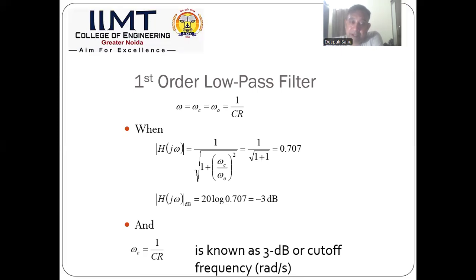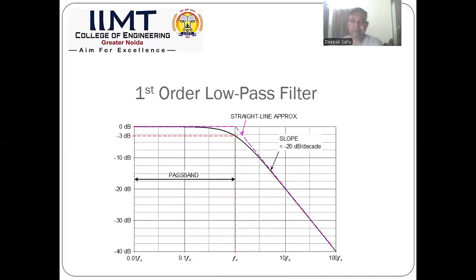Frequencies beyond this frequency need to be filtered out very sharply, which is obtained in the form of a high roll-off rate. We can see here the purple color represents a straight line approximation, and the dark black line shows the actual plotted graph. Now we can clearly see the 0 decibel position and the minus 3 decibel position, and where the minus 3 decibel position is projected on the x-axis, we take that to be the passband.